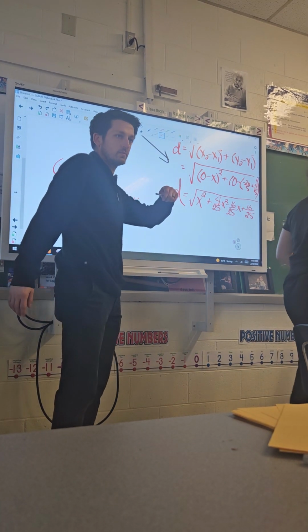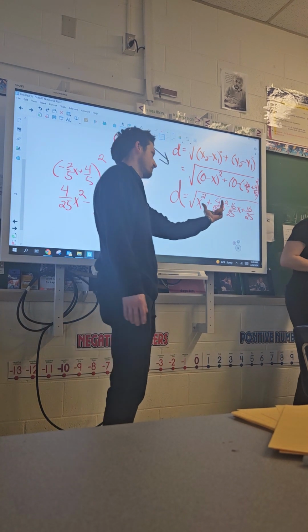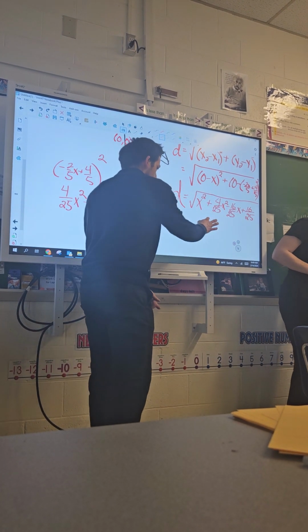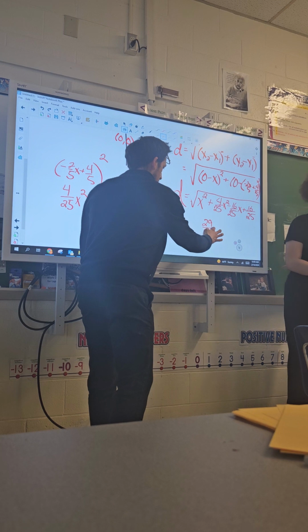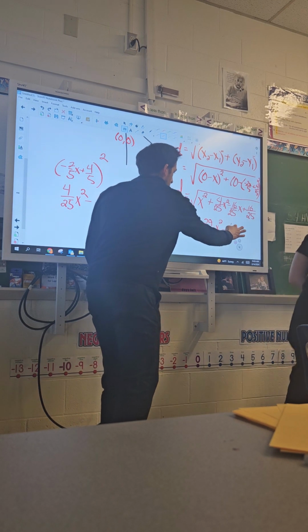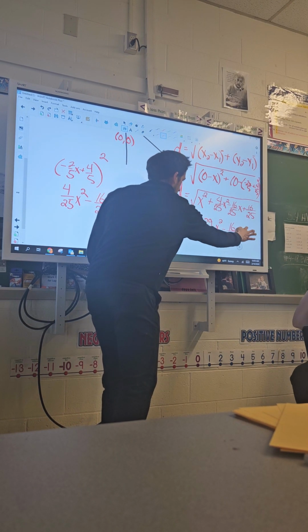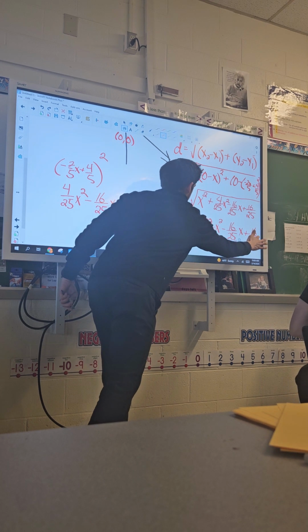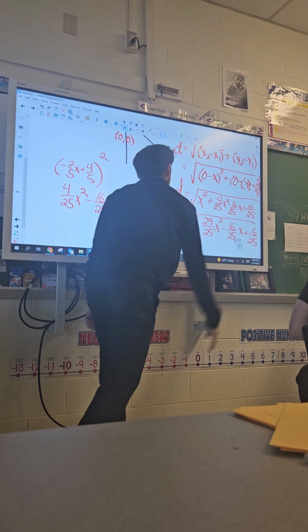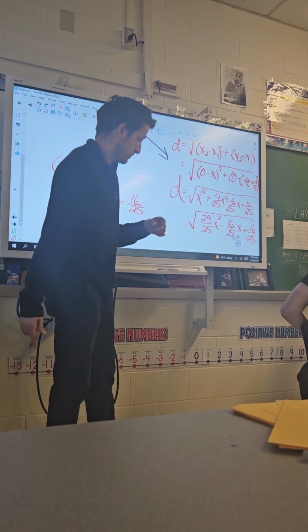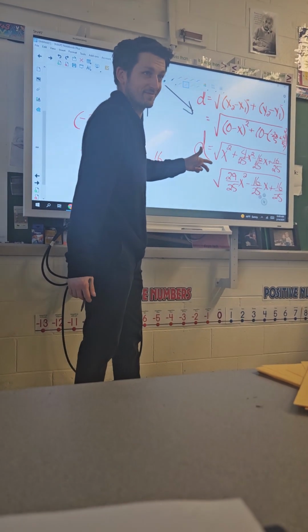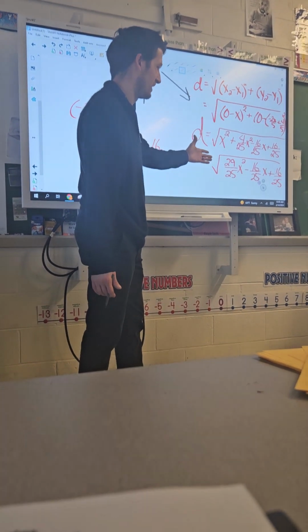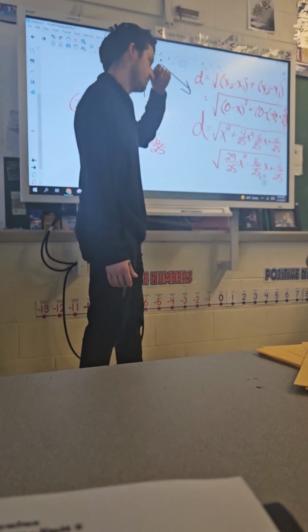Combine my terms, take the derivative. This would be what, 29 over 25 x squared. It's actually kind of nice because you don't even really need the 25 on them.